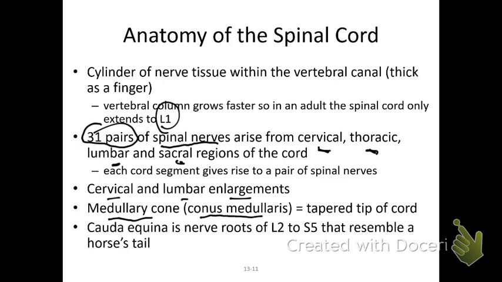Inferior to that conus medullaris, you have the nerve roots of nerves L2 through S5 that travel down and resemble a horse's tail, and hence its name. Cauda, you know that term meaning tail. Equina, you may recognize, equestrian, horse. So the horse's tail.